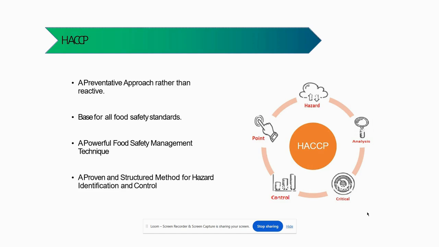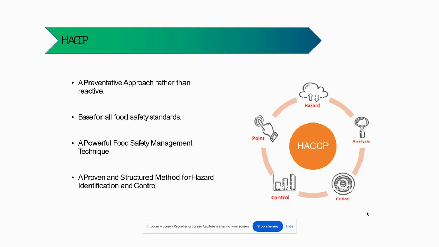The main objective of this system implementation is prevention, using a structured method for hazard identification and control. So we need to prevent the food safety issues or hazards by adopting a structured method to control.